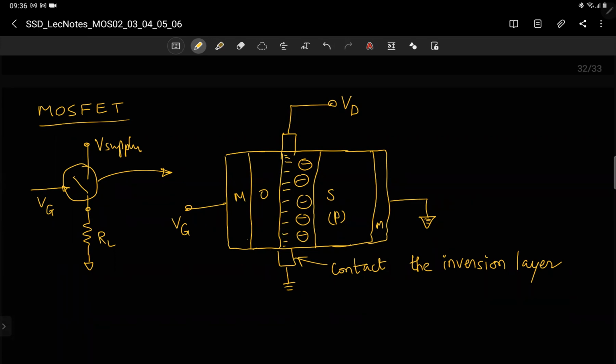Now if I change Vg, so this is for Vg greater than Vt, and the inversion charge has come. Now, Vg less than Vt. So what happens? For Vg less than Vt, this inversion layer will not be there. There are only ionized donors, which are immobile.